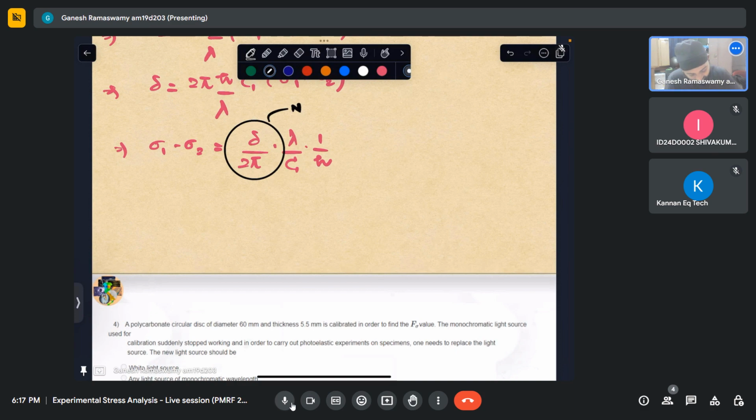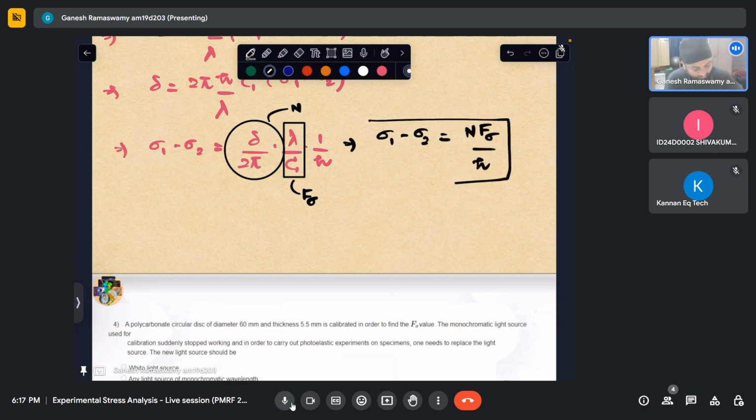This quantity is what we term as our f sigma. So this can be recast as sigma 1 minus sigma 2 is n f sigma by h, where sigma 1 and sigma 2 are the in-plane principal stresses, and sigma 1 minus sigma 2 is the difference. And n is the fringe order.